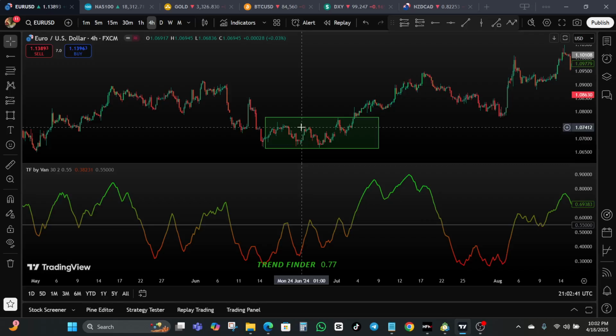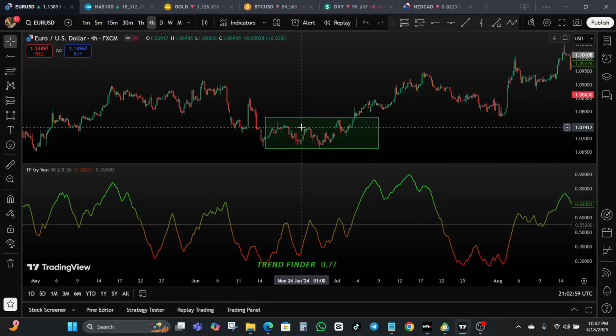One of the best ways to use this indicator is as a trend confirmation tool. You can use this indicator across all markets: Forex, crypto, stocks, indices, and it works on all time frames.